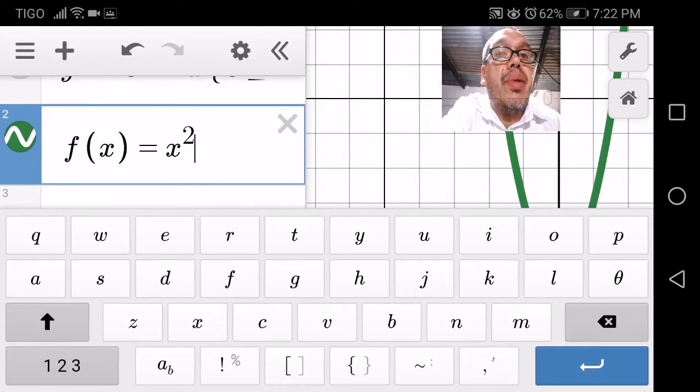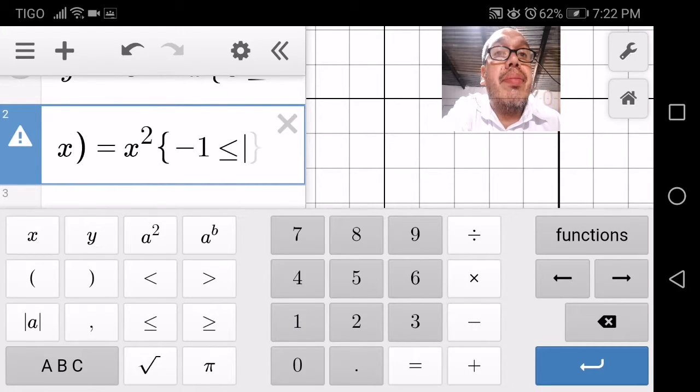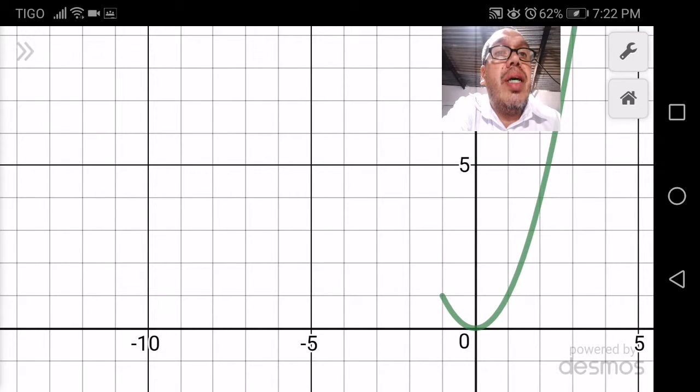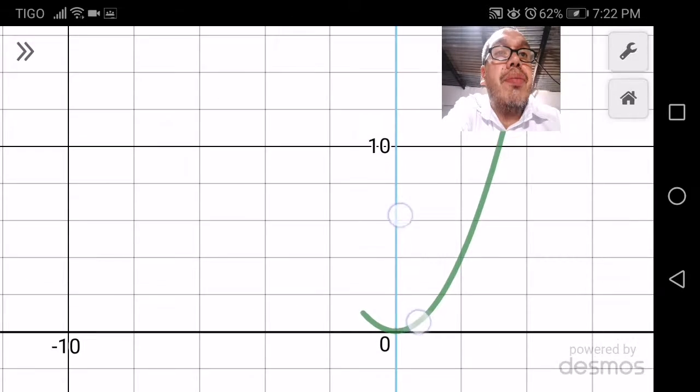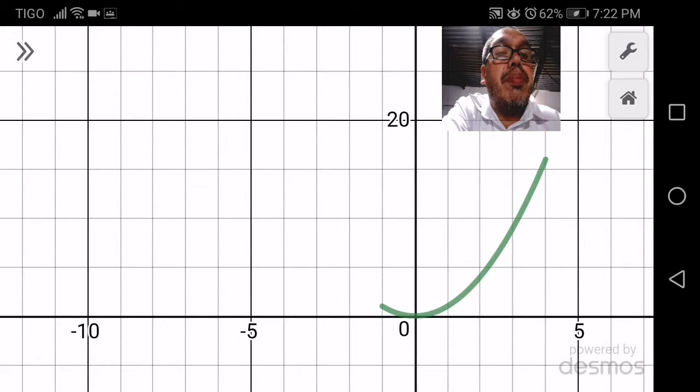For example, let's restrict this parabola between -1 and 4. And if you do that, see what you get? It's just a little bit of the parabola.